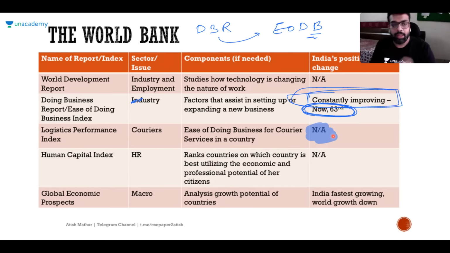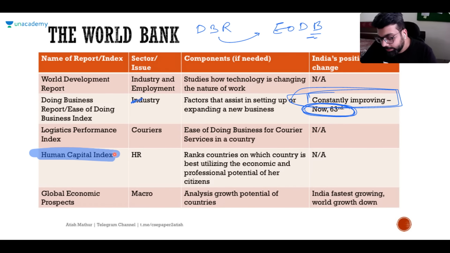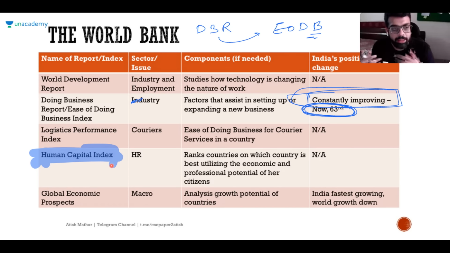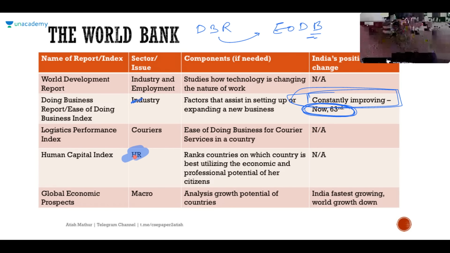Then fourth, we look at something called the human capital index. It's developmental, something which basically means welfare of the society or people at large, or a larger chunk of humanity. It's basically related to human resources.